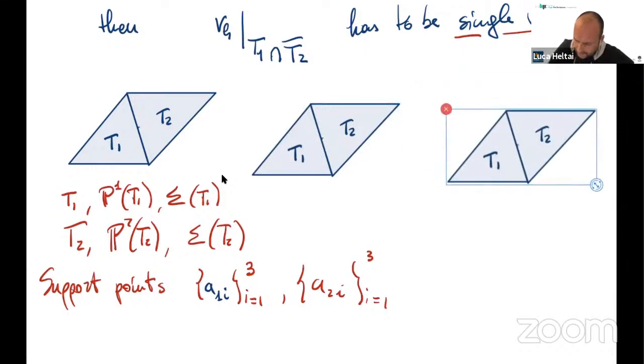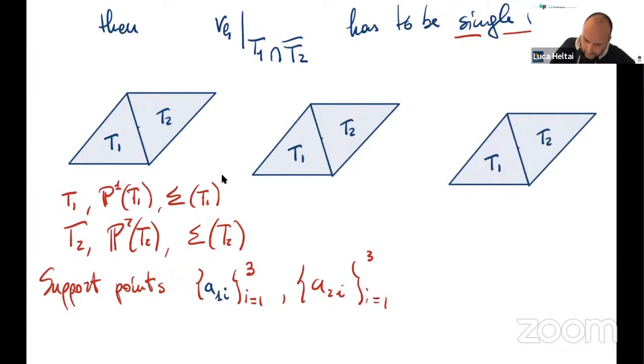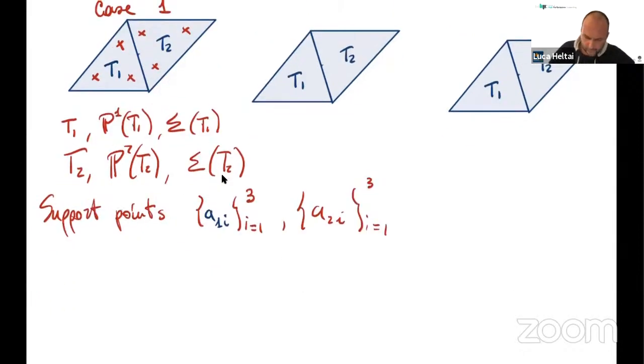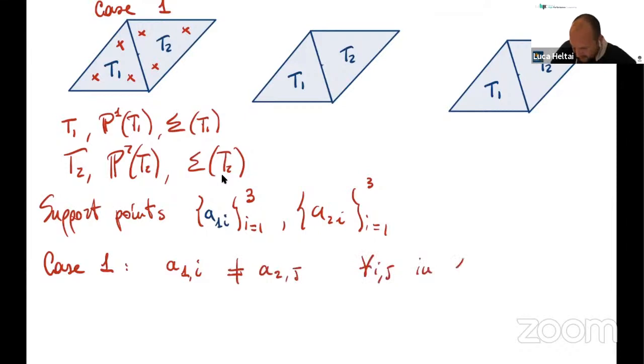Case 1: we choose as support points 3 arbitrary points on T1 and on T2, so that A1I is different from A2J for every I, J in 1, 2, and 3. So we have in total 6 support points.